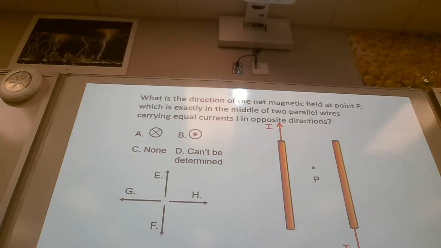You need two right hands. One person be one wire, one person be the other wire. So I want to know what's the direction of the net magnetic field at point P.